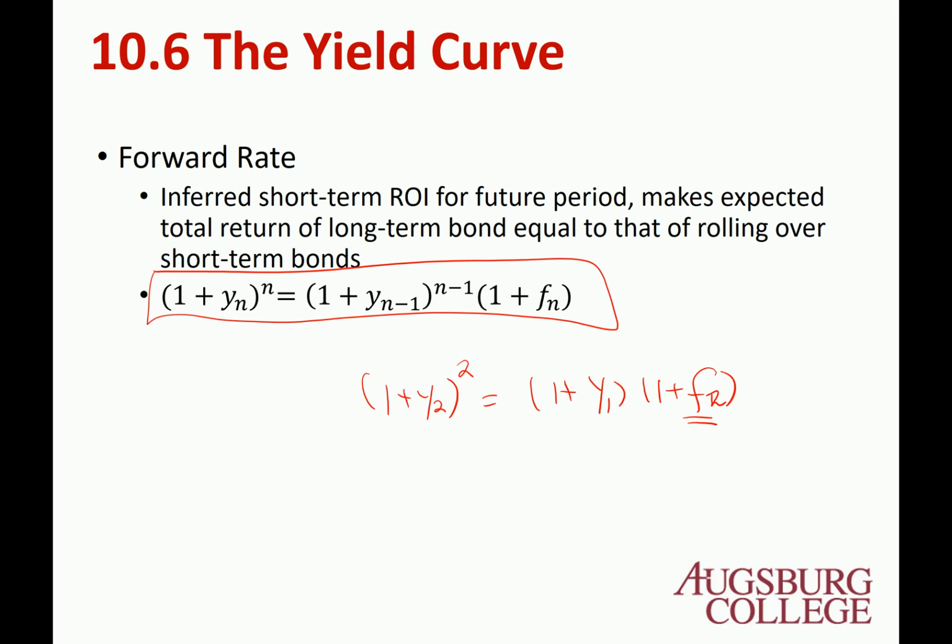So the forward rate is the expected short-term interest rate, usually the 1-year interest rate, in that year. So if you have a 10-year spot rate, then it's going to be (1 + the 9-year spot rate) to the 9th power times (1 + the 10th year forward rate). Okay.